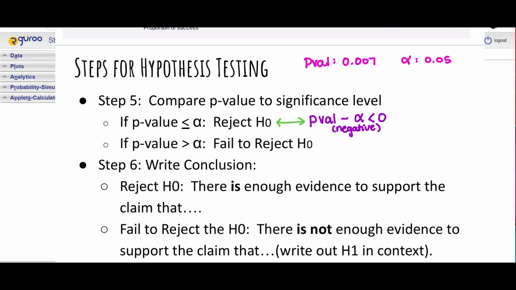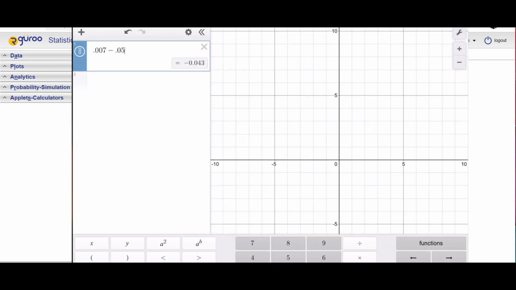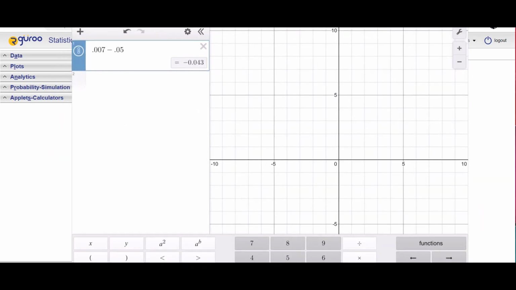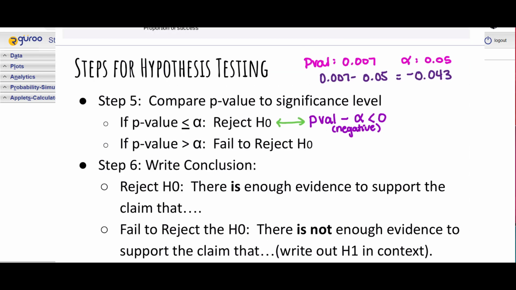So when we subtract 0.007 minus 0.05, we get negative 0.043. The whole point is I'm not necessarily interested in the 0.043 for anything other than this symbol. If you get a negative number, then that means the p-value is less, and that means you are going to reject the null. That is your decision.